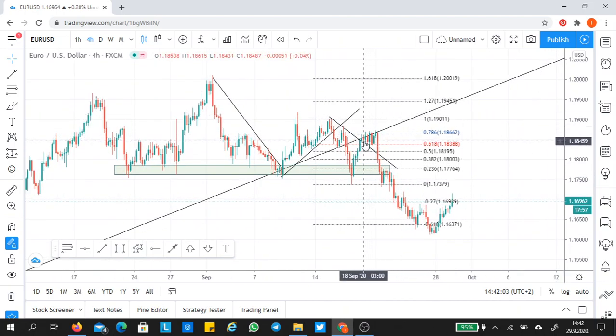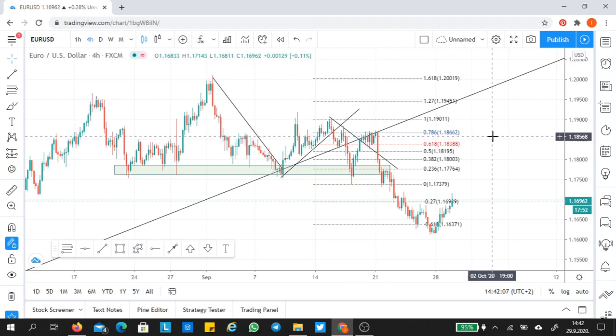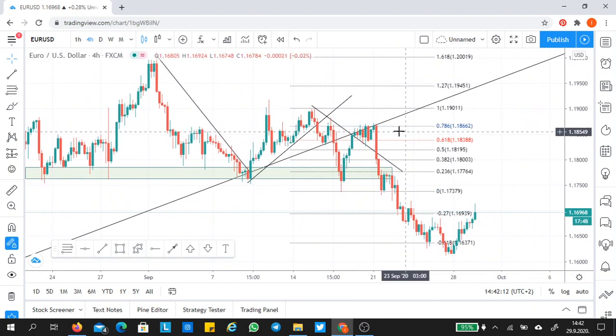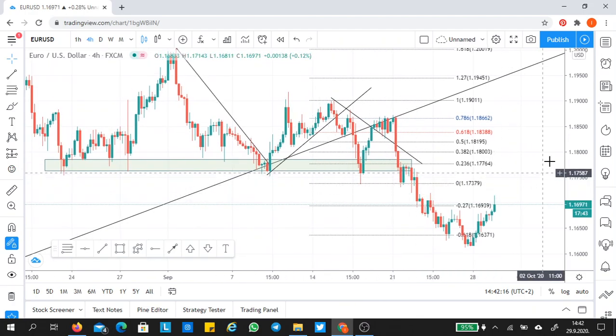The market stayed here for about 5-6 candles, so let's say 24 hours, one day, and then collapsed to the downside.